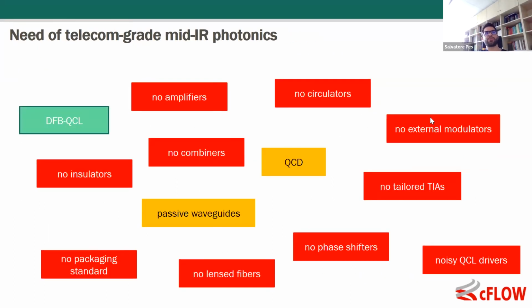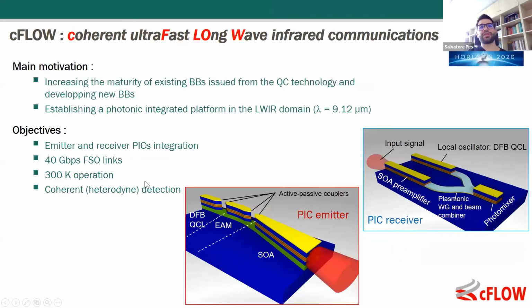As I said, the problem of mid-infrared photonics is that, compared with other technologies, it is not mature, except for instance for the development of QCLs, where nowadays we can find commercially available products, but most of the other building blocks are not available or are available only at a research level. So the objective of the cFLOW project is to address this problem.